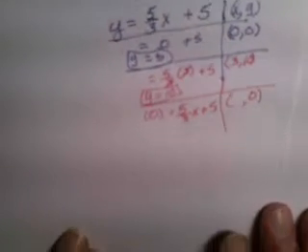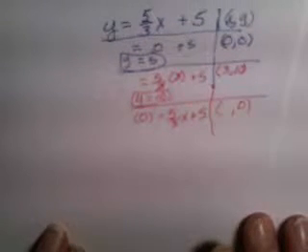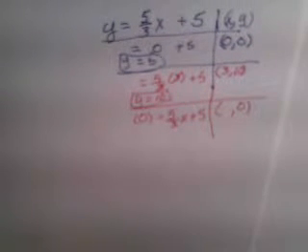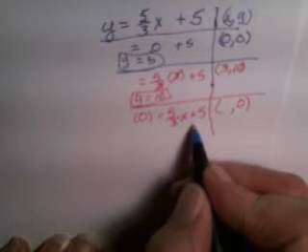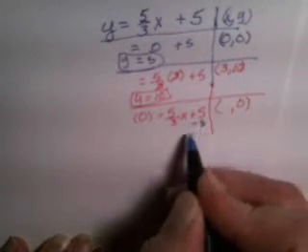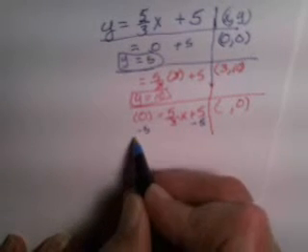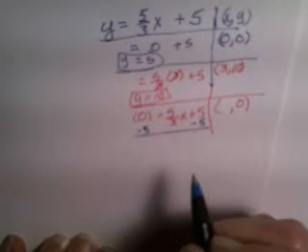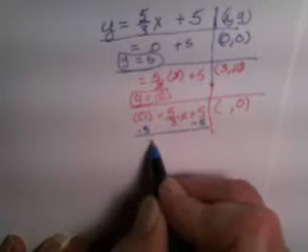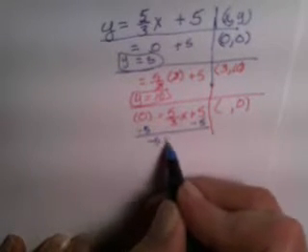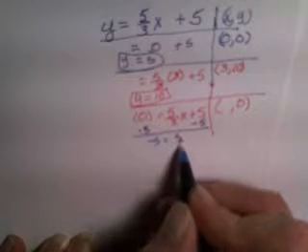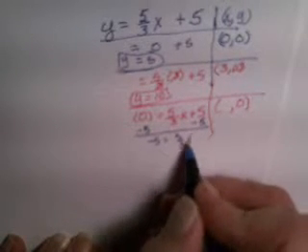To solve this equation, the first thing we want to do is subtract this 5 from both sides. So minus 5, minus 5. And then we'll have negative 5 is equal to 5/3 x.